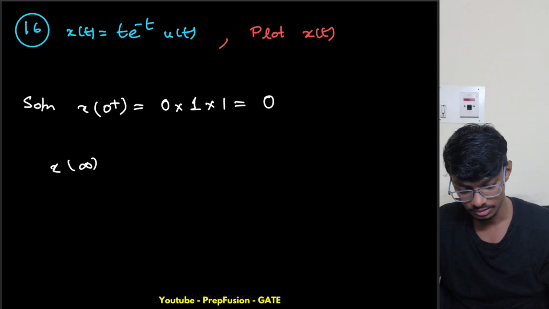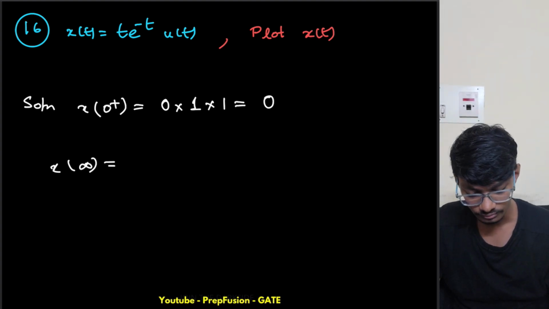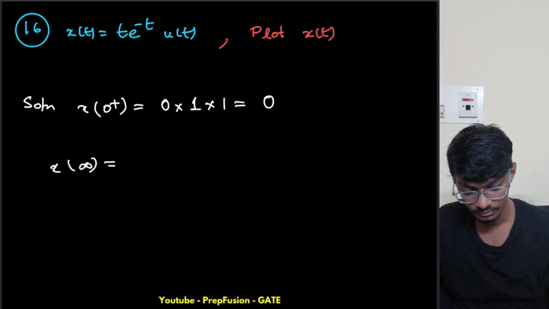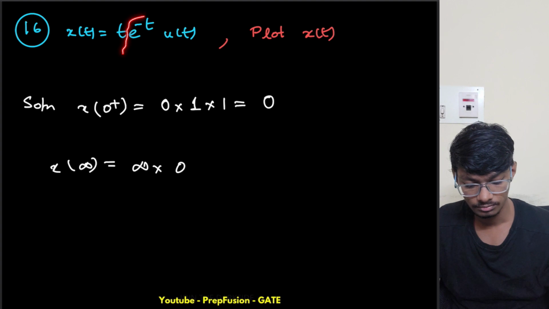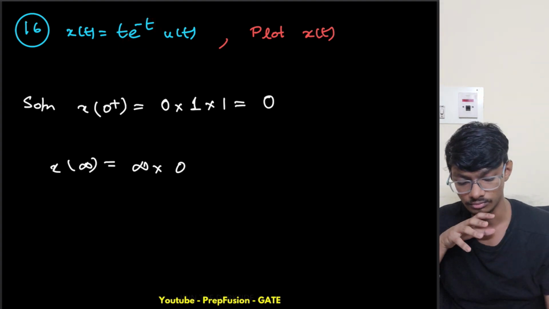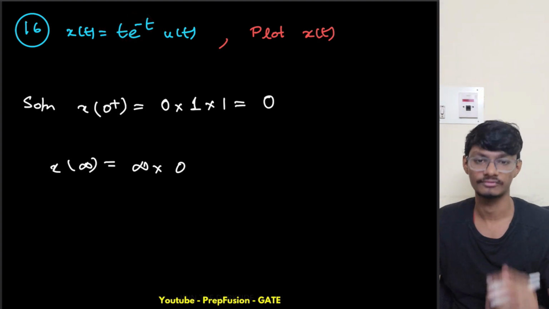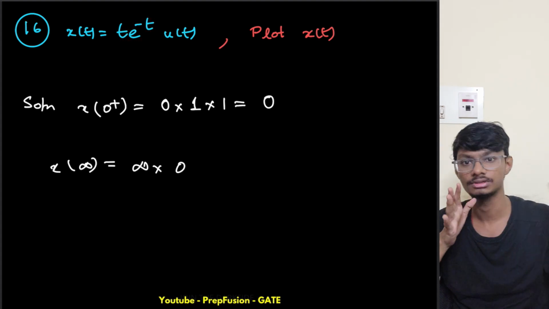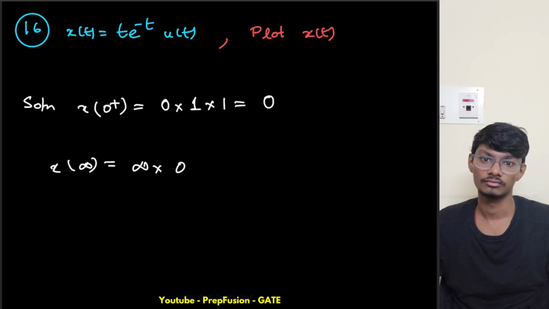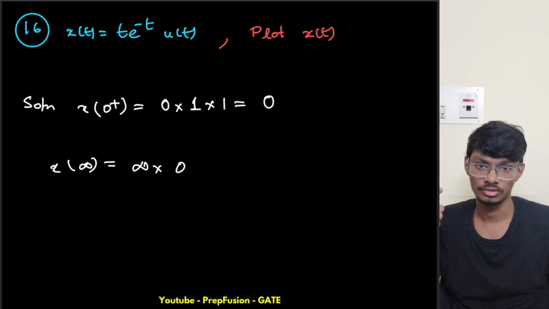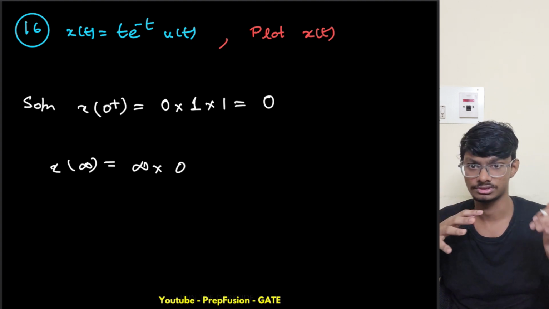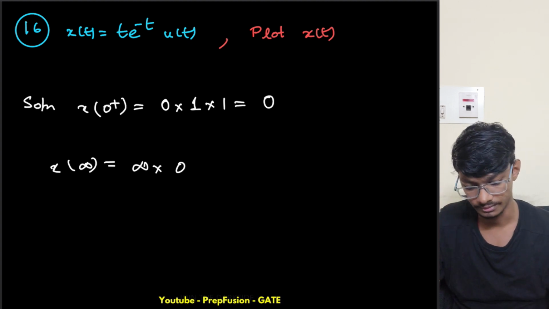X at t equals infinity, what is it? It is infinity times 0, and this exponential is more dominant than this t, right? If I expand the exponential, we see more terms like 1 minus t plus t square by 2 factorial, all those things come. So just keep that in mind.